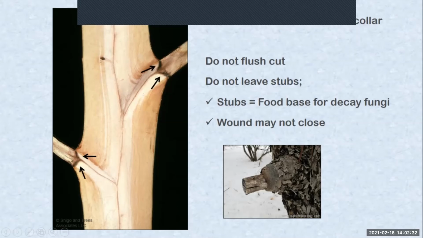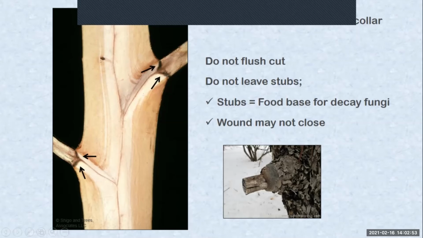So you don't want to leave a big food base by leaving a stub. Also, those stubs mean that wound is not going to be able to close over. It would take forever for this tree to eventually produce enough closure until it reaches this end. So don't flush cut and don't leave stubs.